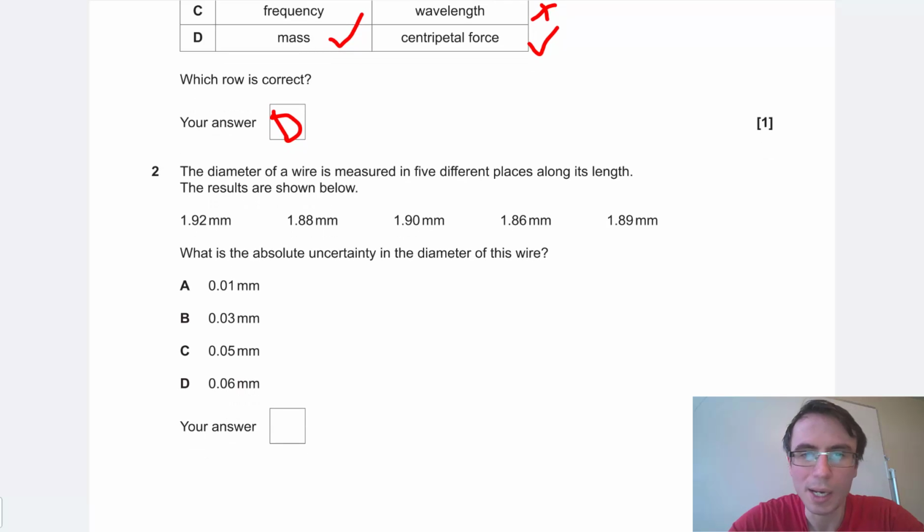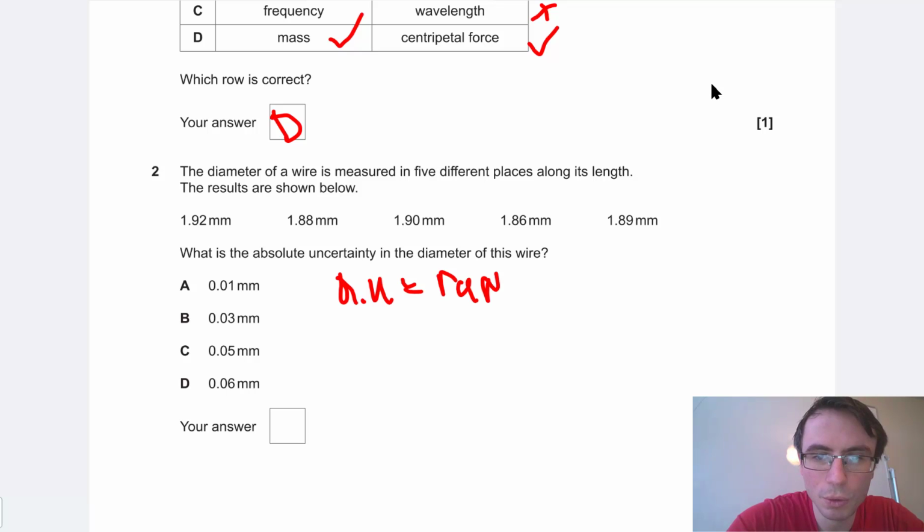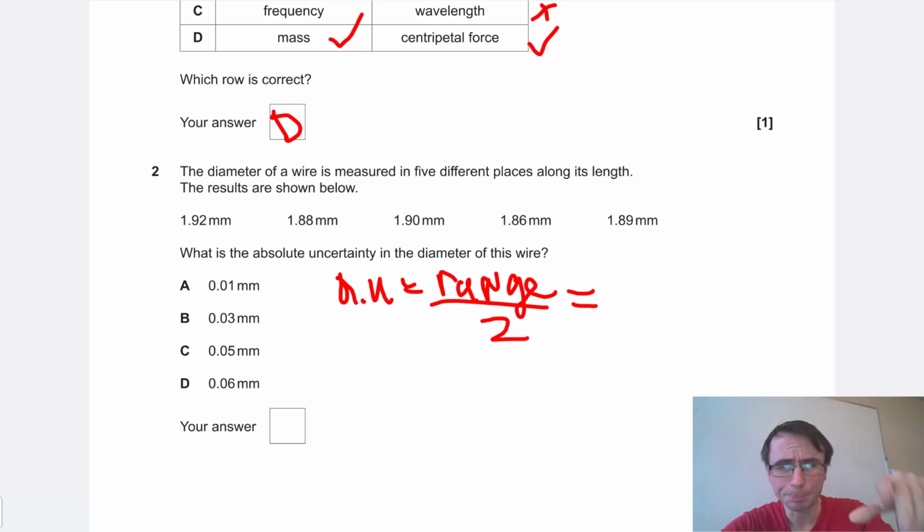The diameter of the wire is measured in 5 different places along its length. Which row is the absolute uncertainty in the wire? So the way we do these questions is by looking at the range. The absolute uncertainty is equal to half of the range. The range is the largest value take away the smallest value, divided by 2.